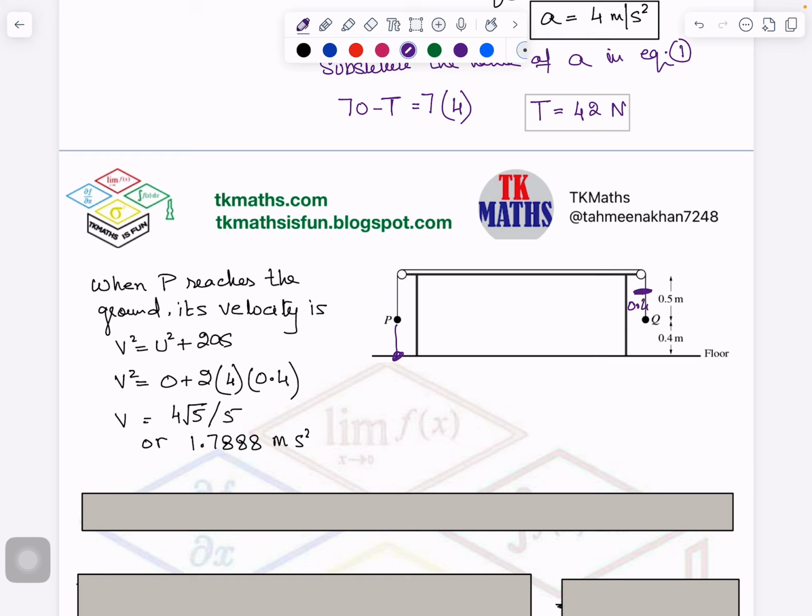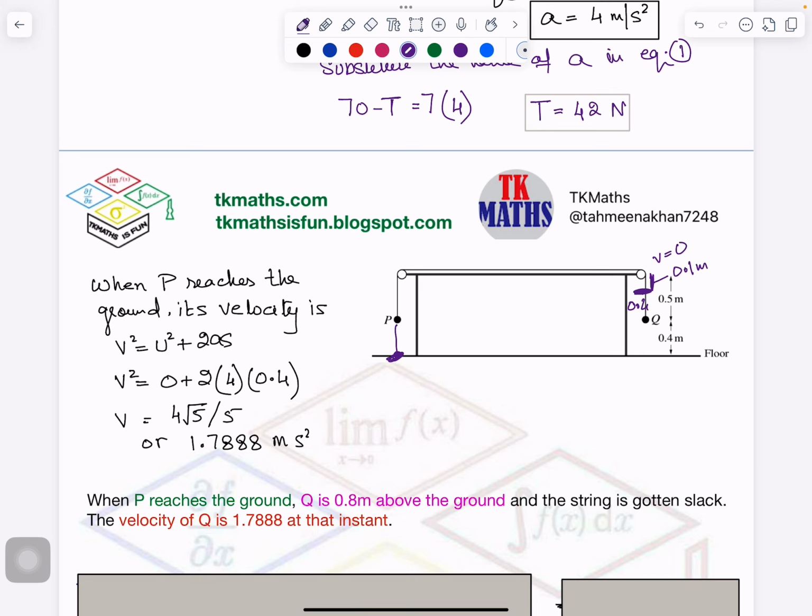So the velocity of Q here is the same as the velocity of P here. So this is what we have calculated here. After that, what distance is left? 0.1 meter, right? So now we will see what is the distance covered when velocity is 0 for particle Q. That is the way we will calculate it.